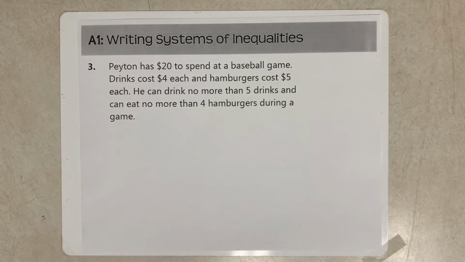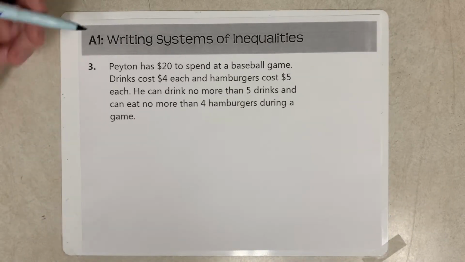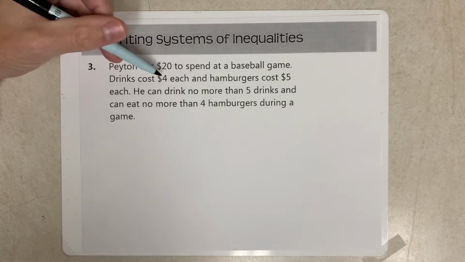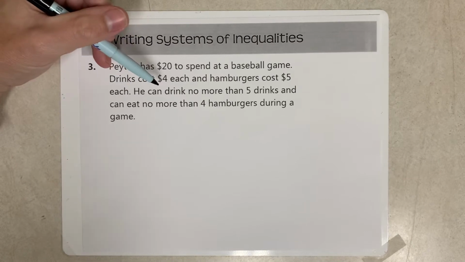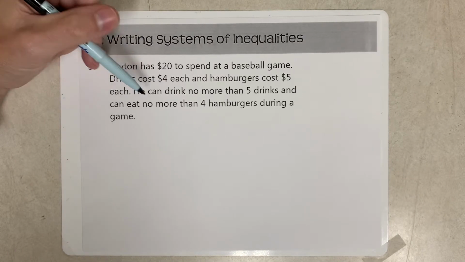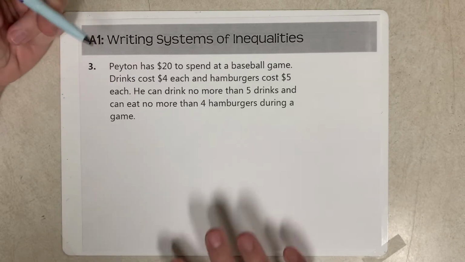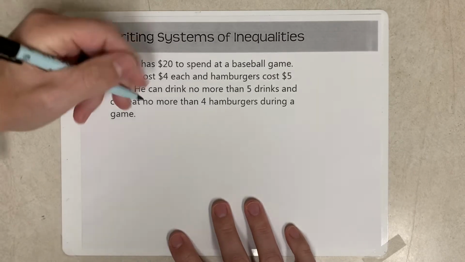Okay, here's our next one. Peyton has $20 to spend at a baseball game. Drinks cost $4 each and hamburgers cost $5 each. He can drink no more than 5 drinks and can eat no more than 4 hamburgers during a game. All right, so let's go ahead and define some variables.